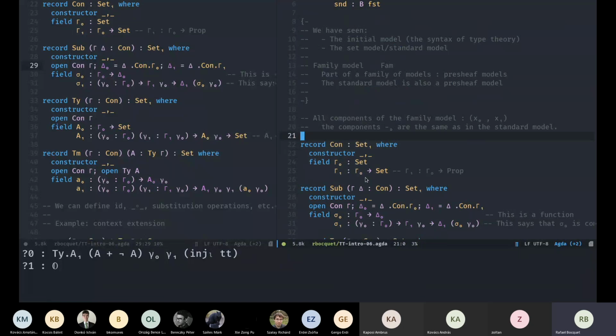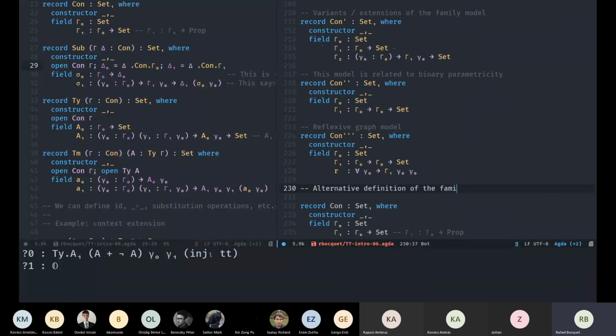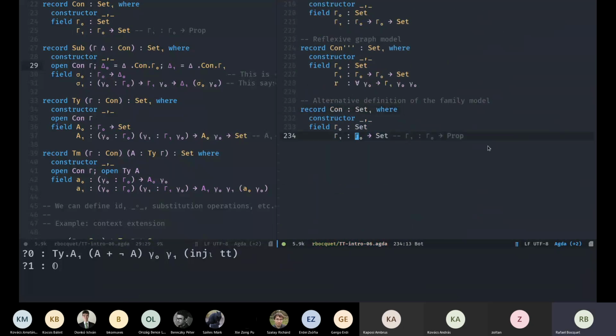So I can try to discuss a different way to define this model, where we still have gamma 0 and gamma 1, but now gamma 1 does not depend on gamma 0 directly, but we have some function from gamma 1 to gamma 0.